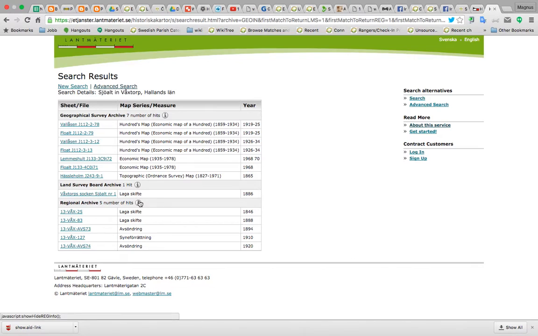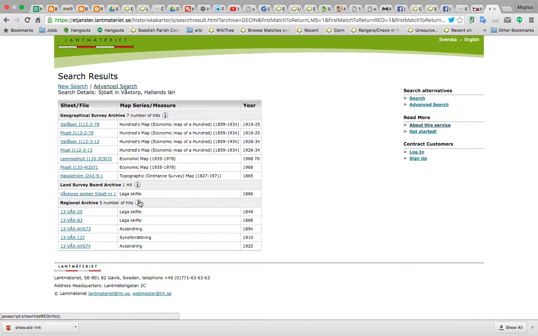You get laga skifte, which means that in Sweden the farmers had, what do you say? When you inherit land, they split it between the children, and that means that over 5-10 generations, you have a farm with just small pieces.